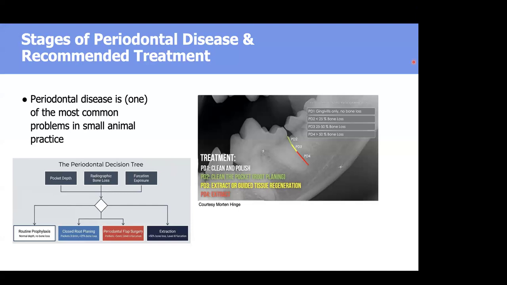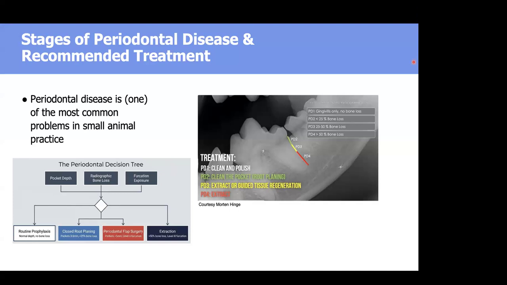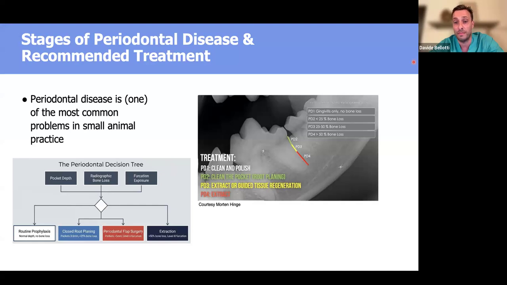After that, we have stage 3. Stage 3 is considered when the pocket is more than 5 to 6 millimeters, or we have furcation, and bone loss is between 25 and 50%.